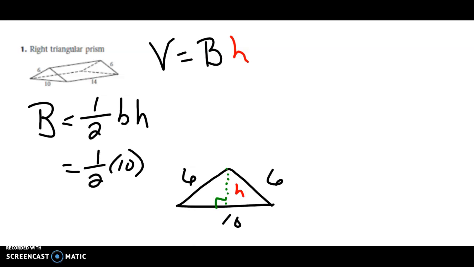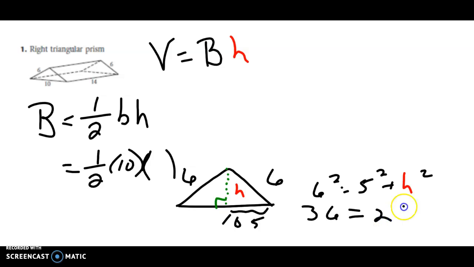All right, so how do we figure out what that value is? Well, you've got the Pythagorean theorem. This is going to bisect, if you remember, so that's 5. So we've got 6 squared is equal to 5 squared plus h squared. So we have 36 is equal to 25 plus h squared.